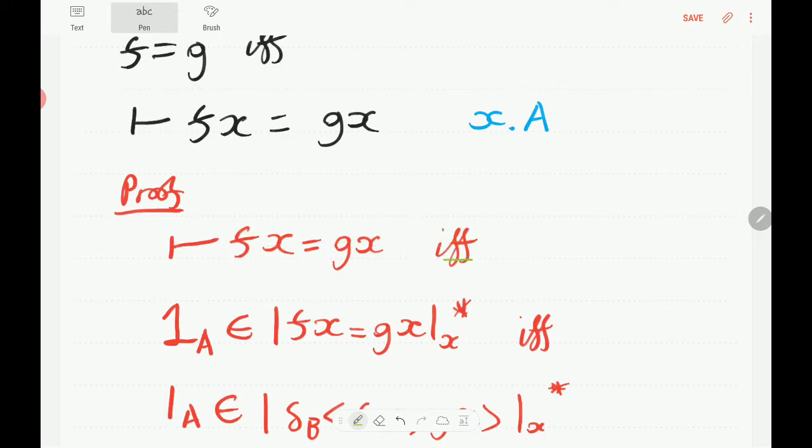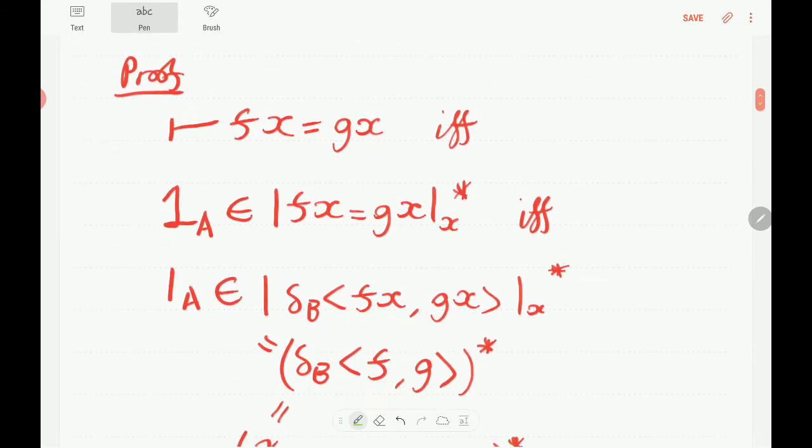Well, that happens if and only if this extension of fx equals gx over x, in other words, the subobject classified by the interpretation of fx equals gx, is the maximal subobject of A, and that happens if and only if the identity arrow of A is in such a thing.